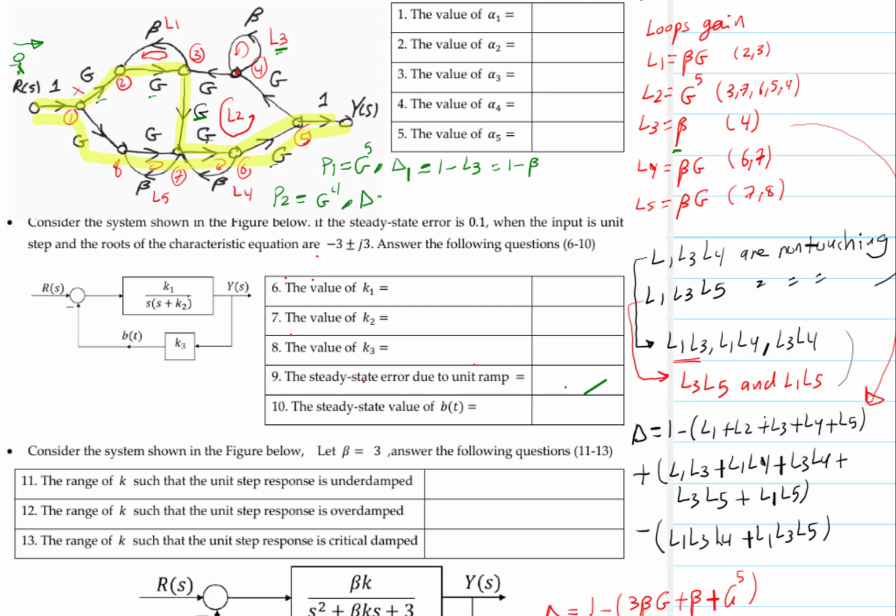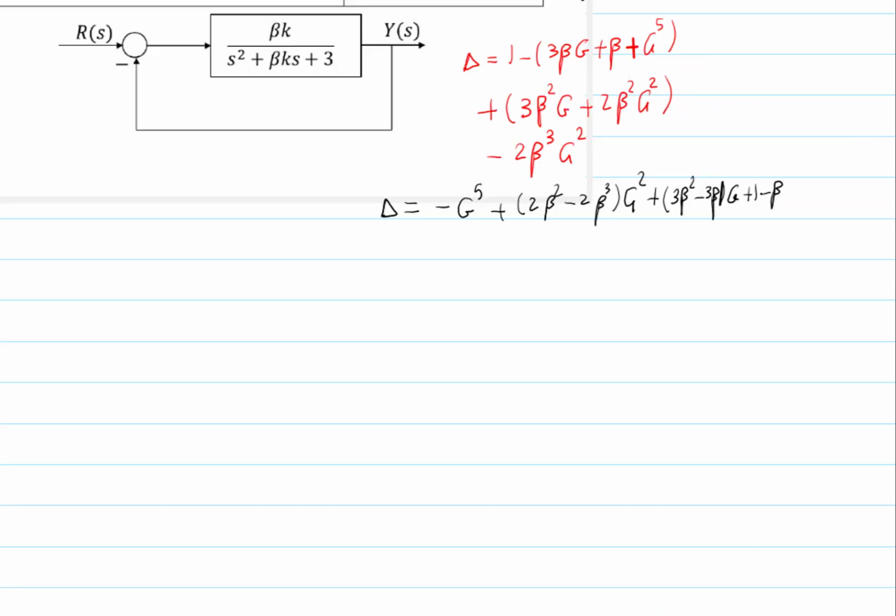The determinant for that will equal, now P2 touches all the loops except L1 and L3, so this will equal 1 minus L1 plus L3 plus L1 L3, which means that I can go to the determinant and put all the loops except L1 L3 equal to 0.